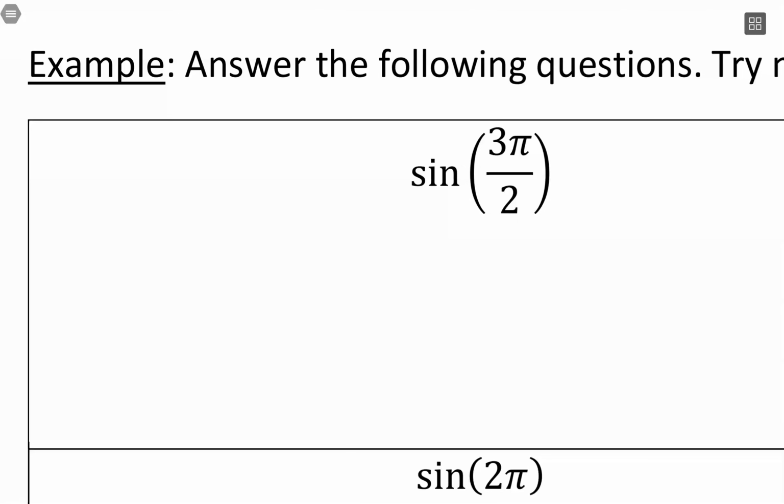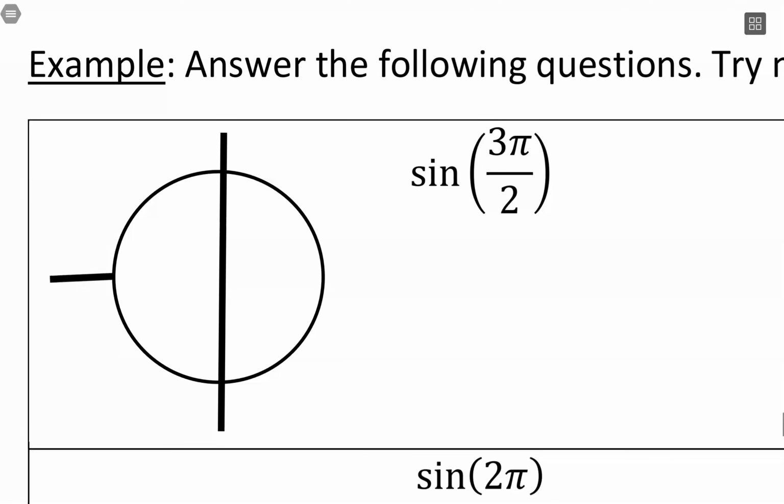So, sine of 3 pi over 2. What I do with these is I draw myself a sketch each time. Doesn't have to be perfect, just something to help me visually. So 3 pi over 2, that one's a common one. This will be down here.